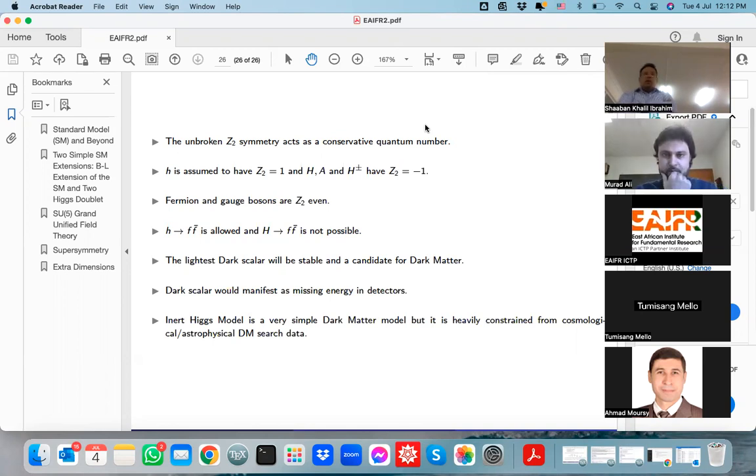You were with us yesterday. In the directions to go beyond the standard model, I think I listed about 10 directions, including supersymmetry, which extends space-time symmetry, extra dimensions, which will be considered in the last lecture, and supersymmetry in the fourth lecture. Extending the gauge symmetry, like what we did today with U1 prime and SU(5) tomorrow. And the particle spectrum, as you said, like the Higgs extensions that we did now.